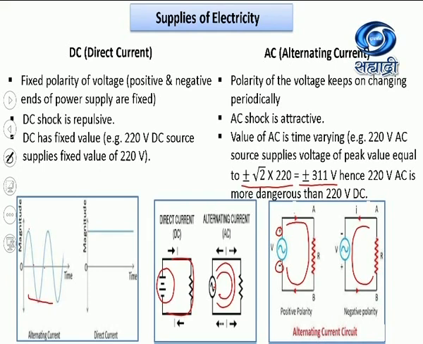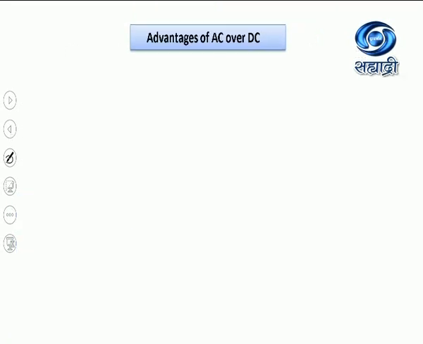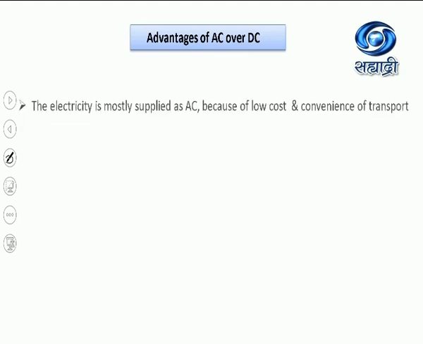So if you compare 220 volt DC with 220 volt AC, DC supply will give exactly 220 volt, but AC supply, which gives time varying voltage, has a peak value that can reach 311 volt. Plus and minus signs are used to indicate the direction of the voltage, and that's why AC shock is more dangerous than DC.